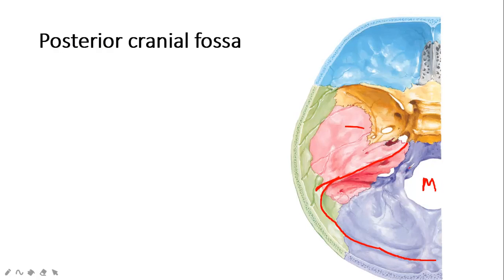This foramen over here is the hypoglossal canal. It's found on the condylar part of the occipital bone. Because this part is so hard, it is not easily fractured. Hence, whatever passes through there is less prone to damage.